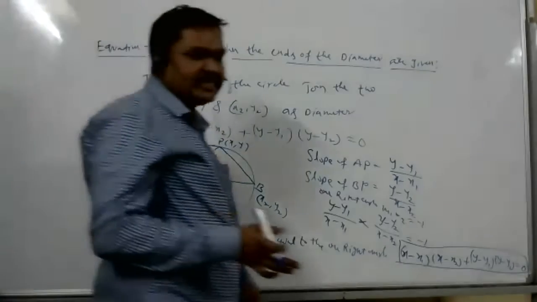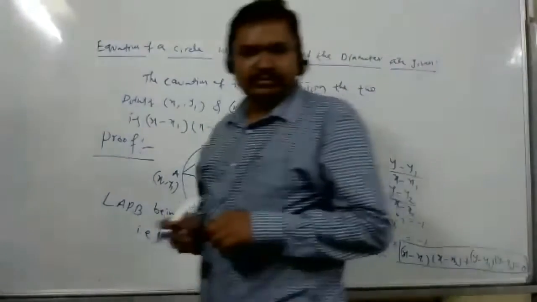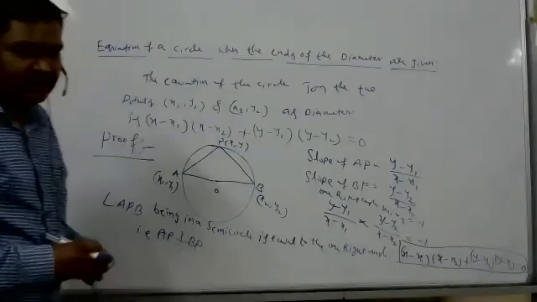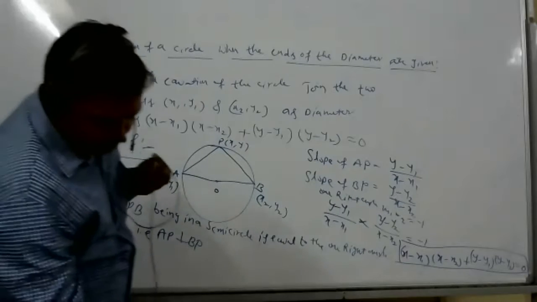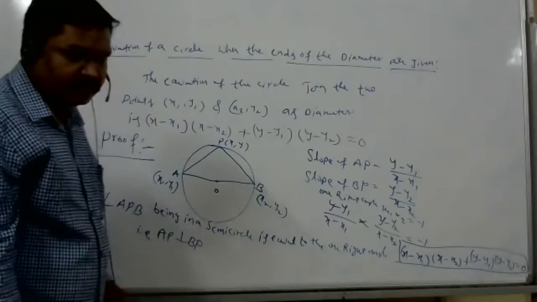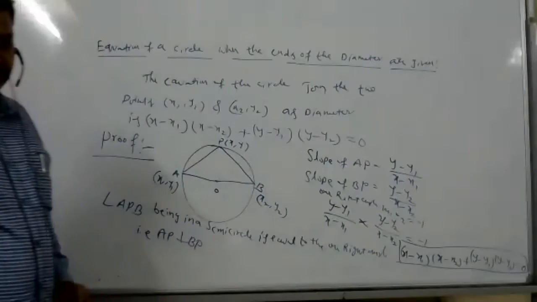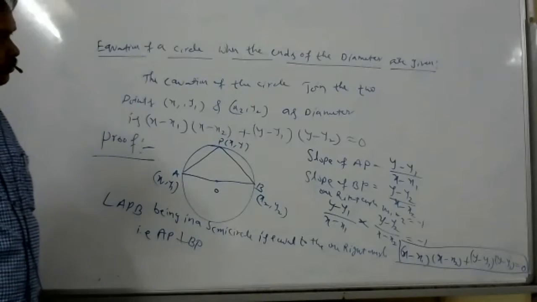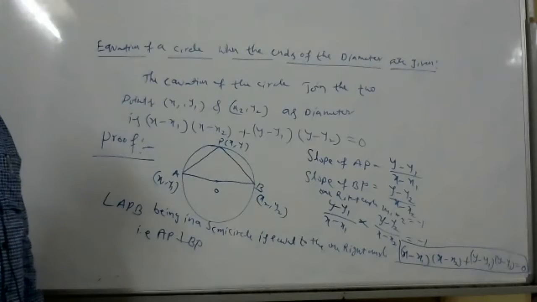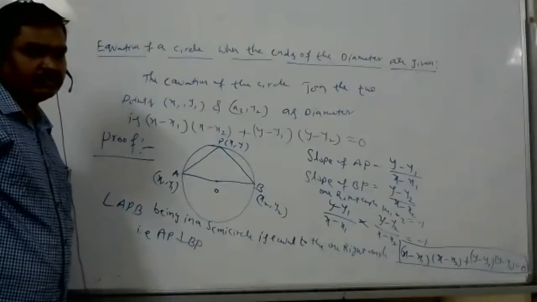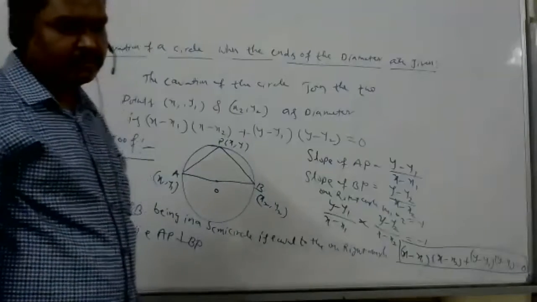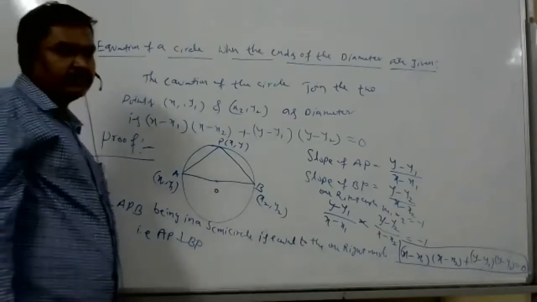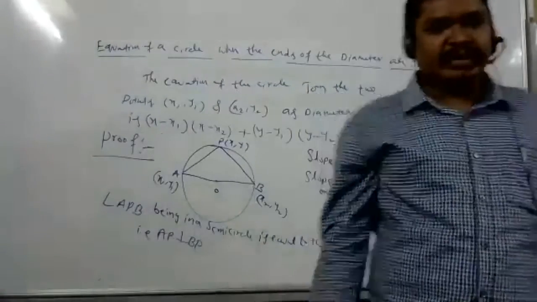Then AB is called ends of the diameter. Extremities of a diameter or ends of the diameter, both are same.